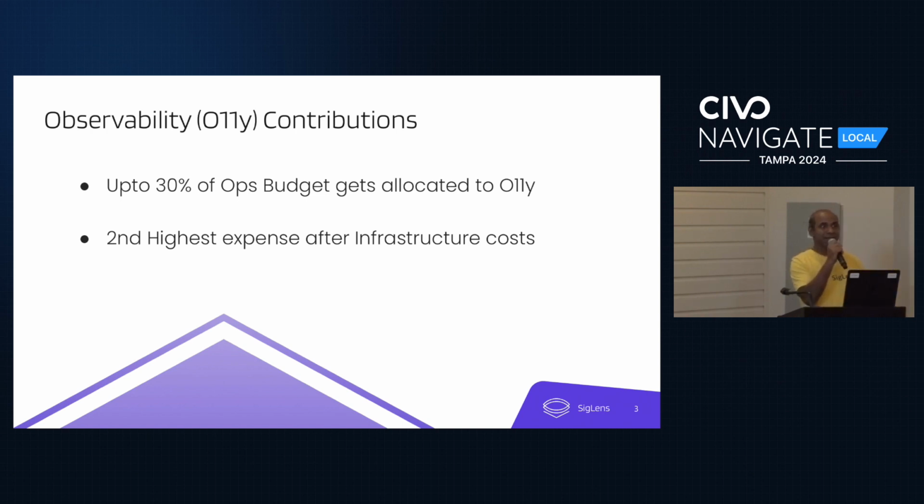In many instances, the number of machines they need to run observability, like Splunk or Elastic, is almost the same as their core app because they're producing too many logs and too much metrics that they need to debug their solution. It's the second highest expense after your infrastructure spend.